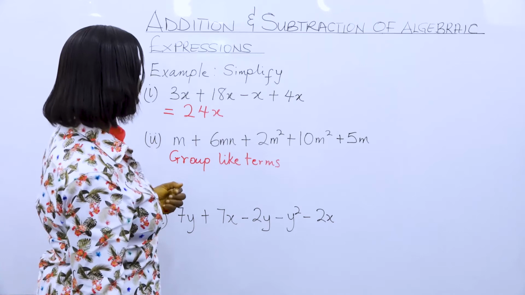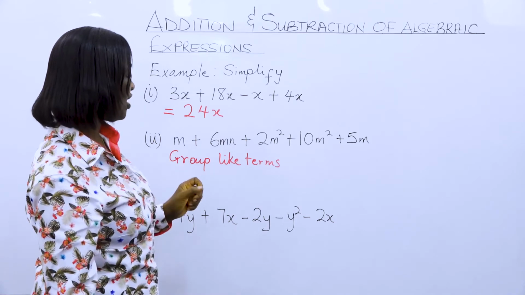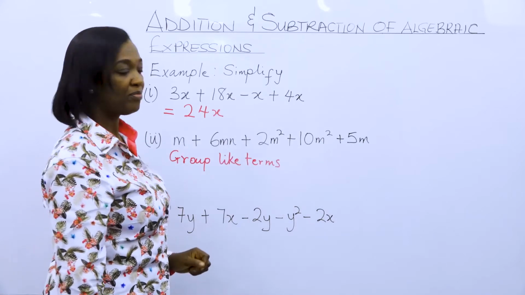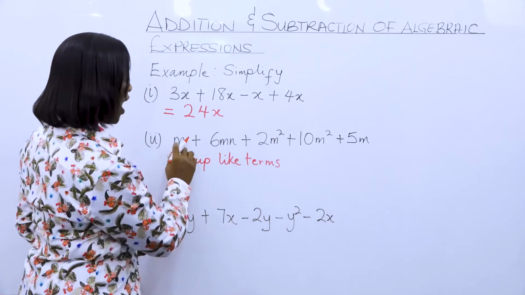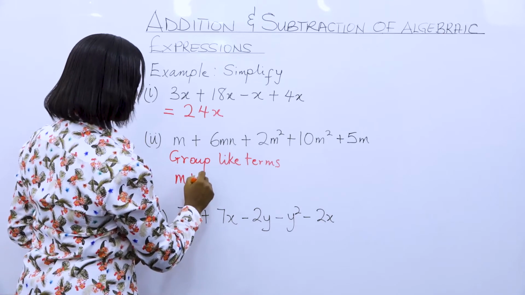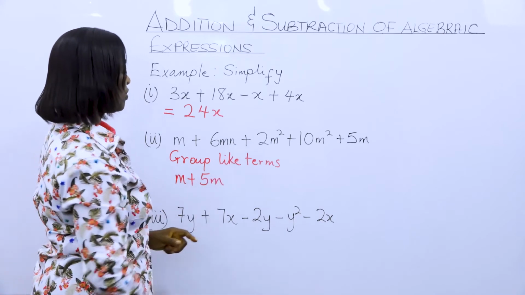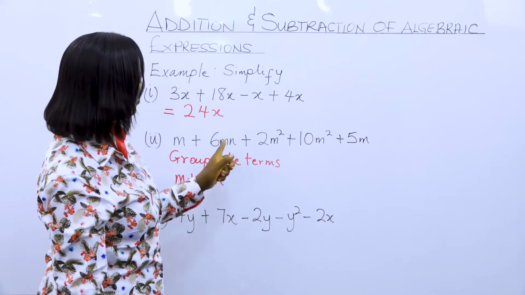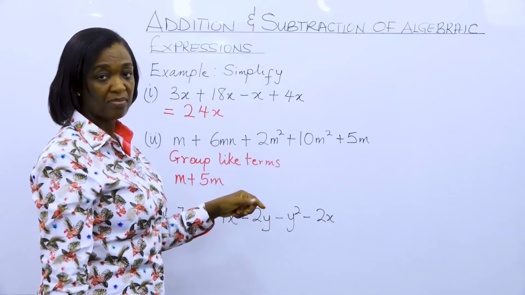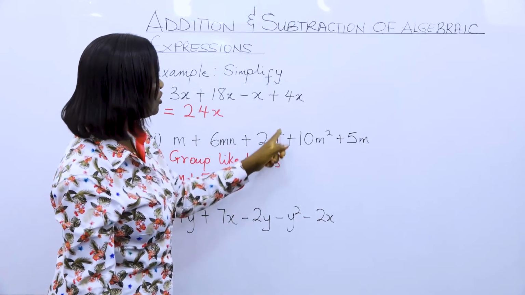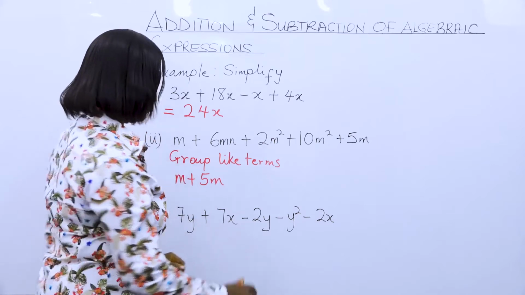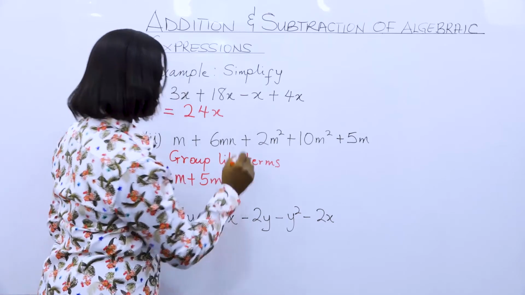And in grouping like terms, the like terms we have here are m and 5m. So we have m plus 5m. Then we have 6mn, which does not have any like term. But we have 2m squared and 10m squared, which are like terms. So I choose to write those next.